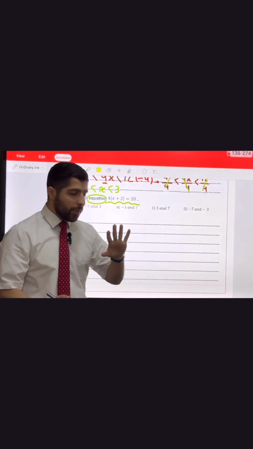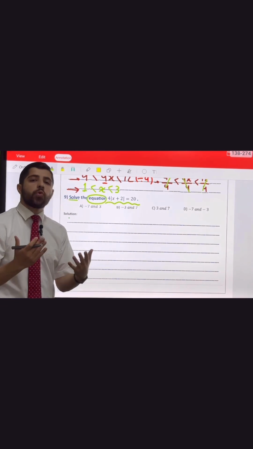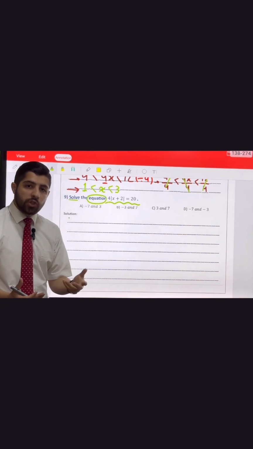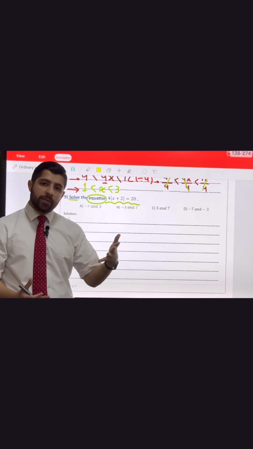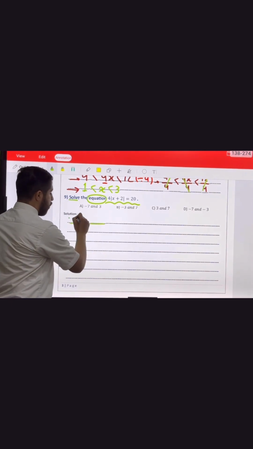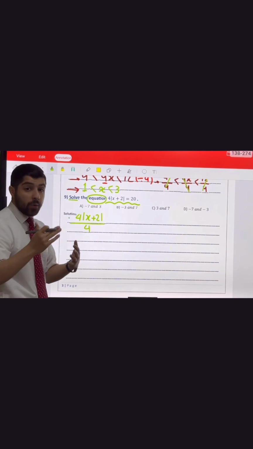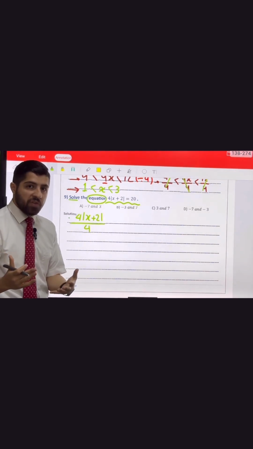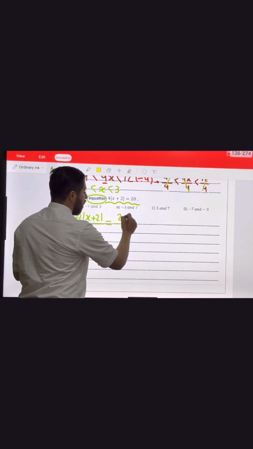So negative answer is not allowed while dealing with absolute values. Okay, so now what we have to do, I see there's a number with the absolute value. I have to remove it. Okay, what do I do? I divide both sides by that number, so I can remove it. I see 4, so I'm going to write 4 absolute value of x plus 2 over 4, because the 4 is the number that I want to remove, equal 20 over 4.